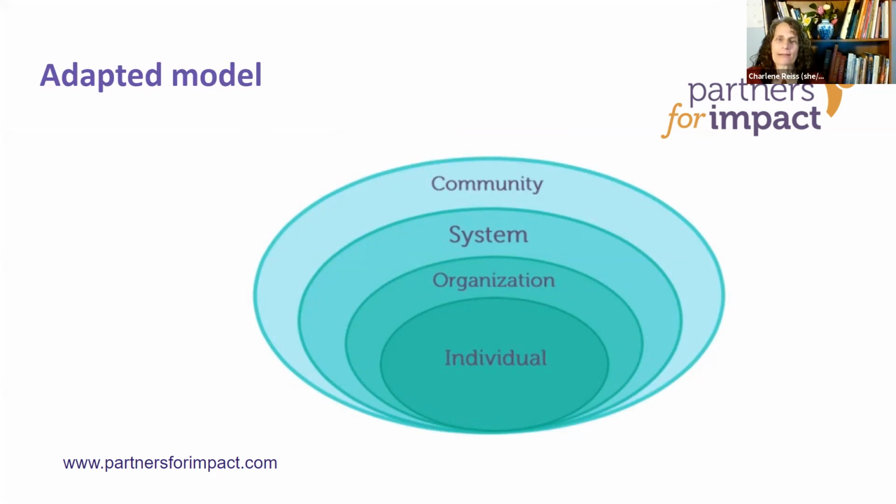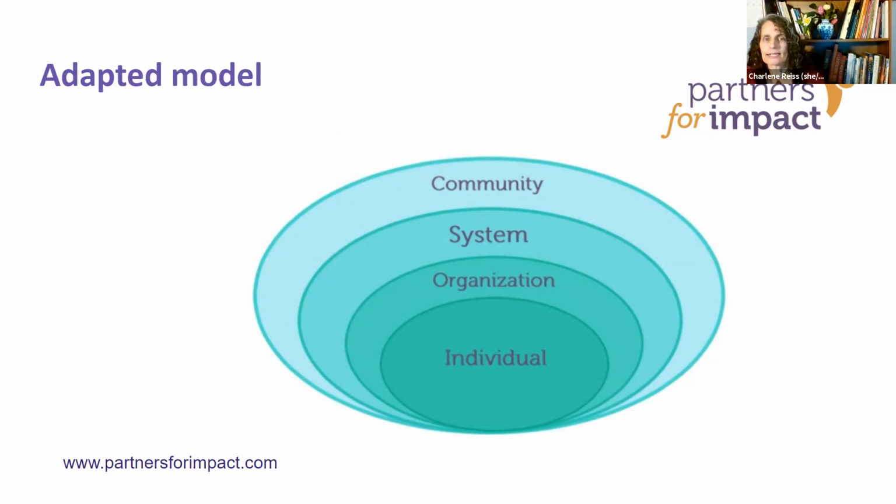So the way that we've adapted it, and the way that we use this in our evaluation work, is we really think about 4 levels: the individual, the organization, the system, and the community. And when we say individual, we're not talking about the person receiving the services. We're actually talking about the person providing the services.